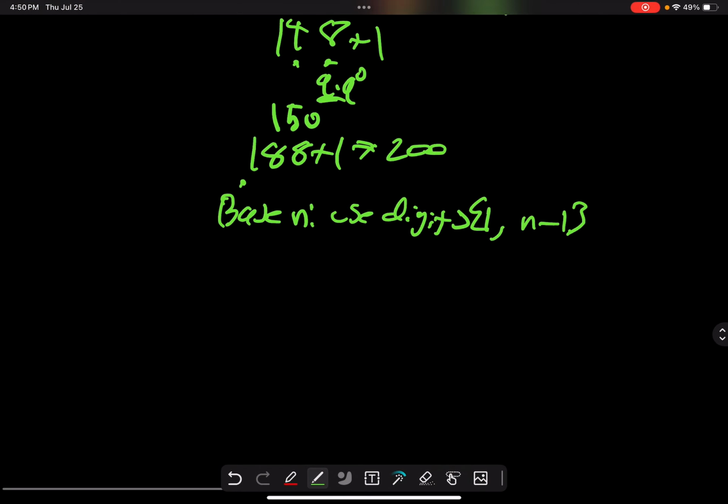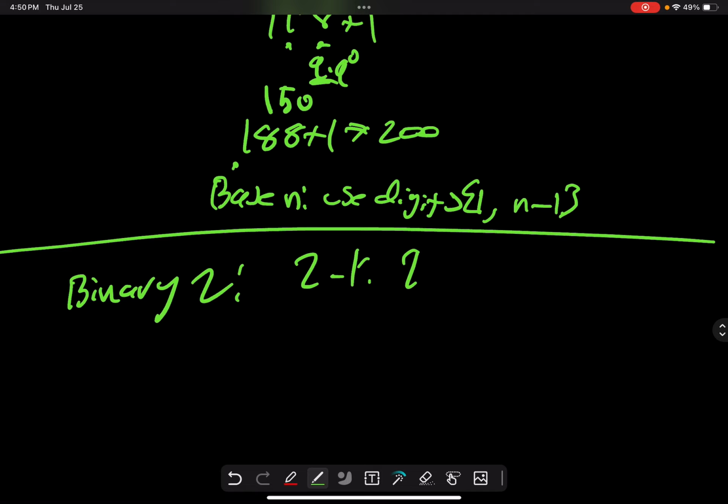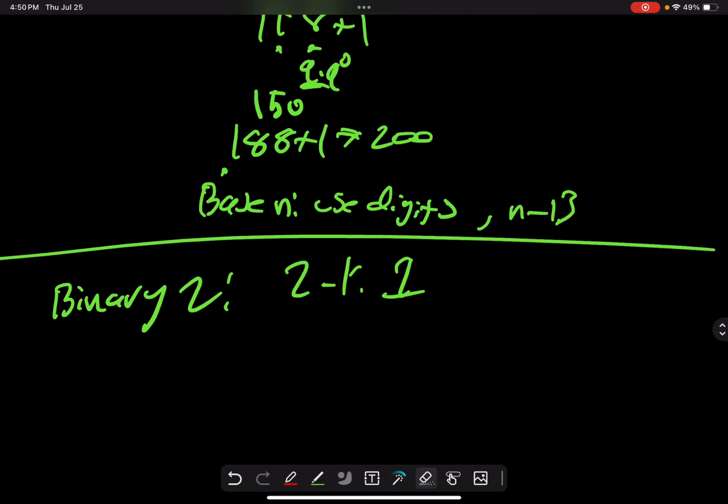So now we're going to go into useful ones. Binary is a very useful one, and it's base 2. So the only digits you can use, you can use the formula here, 2 minus 1, or 1. Well, actually, sorry, it should be 0 to n minus 1. So you can use 0 to 1, and that's very limited.